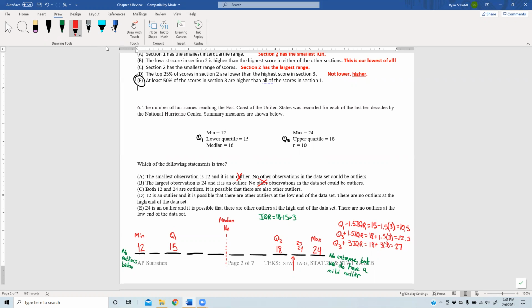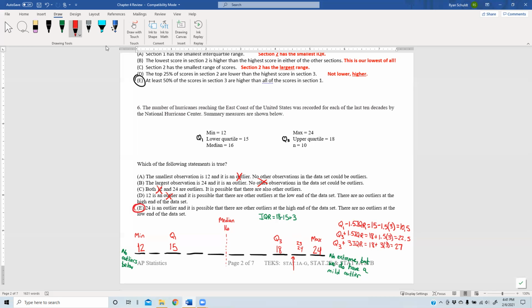Both 12 and 24 are outliers. No, 12 is not an outlier. E, 24 is an outlier, and it is possible that there are other outliers at the high end of the data set. There are no outliers at the low end. Yes, that is true.